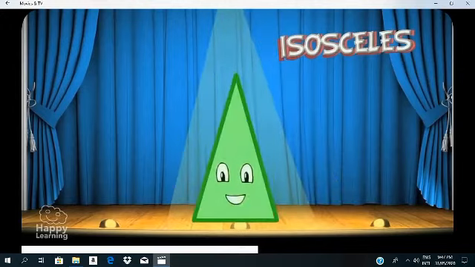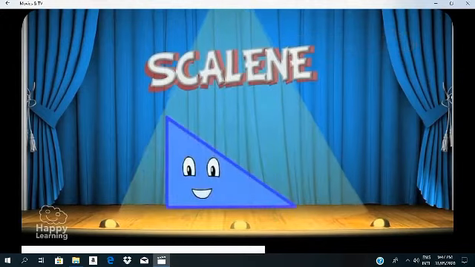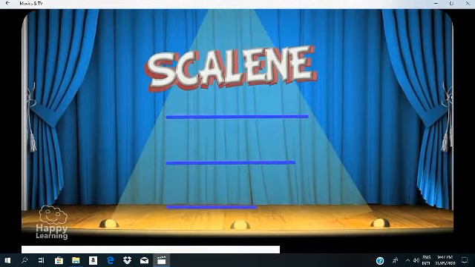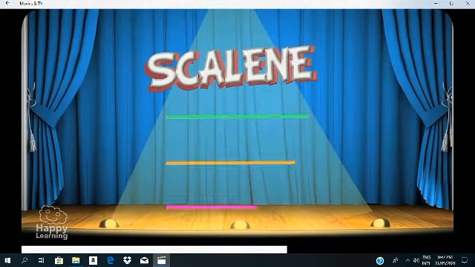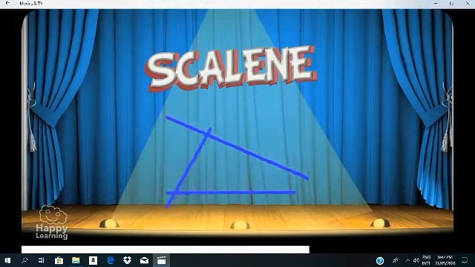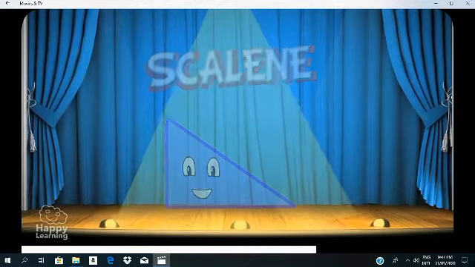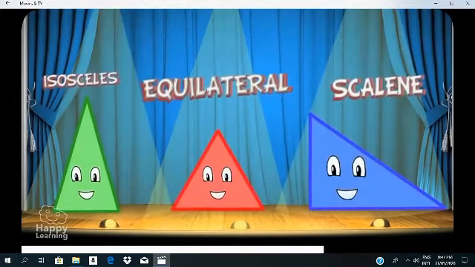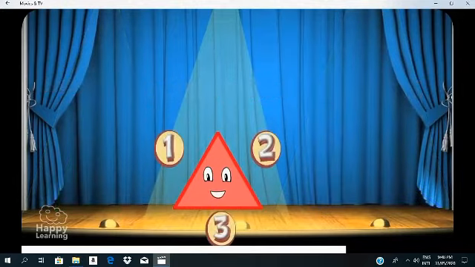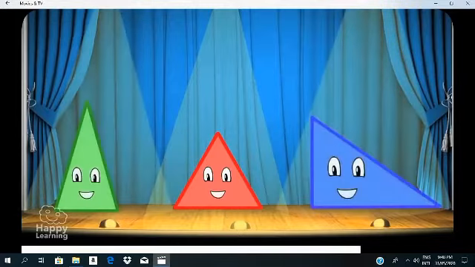And lastly, we have a scalene triangle. When you measure the length of the sides of a scalene triangle, they are all different, meaning that the lengths of the 3 sides are not equal. Remember, isosceles, equilateral, and scalene are the classes of triangle based on the length of the 3 sides.